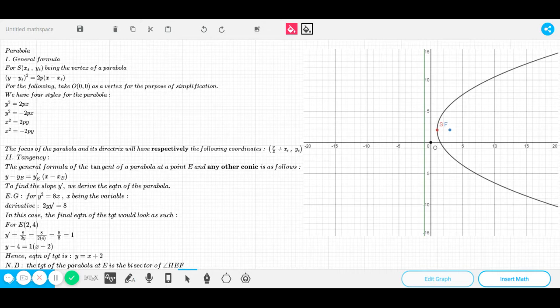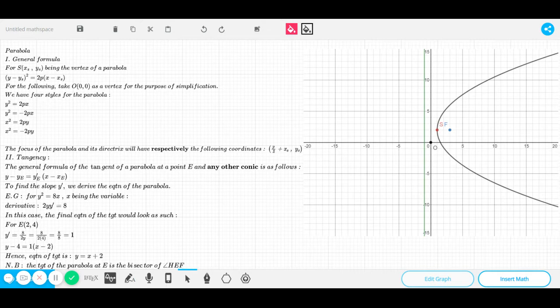Now, why are we saying all of this? Why did we get into so many details? Because that is the way that we can actually find the focus of a parabola with a vertex different than point O of coordinates 0, 0.